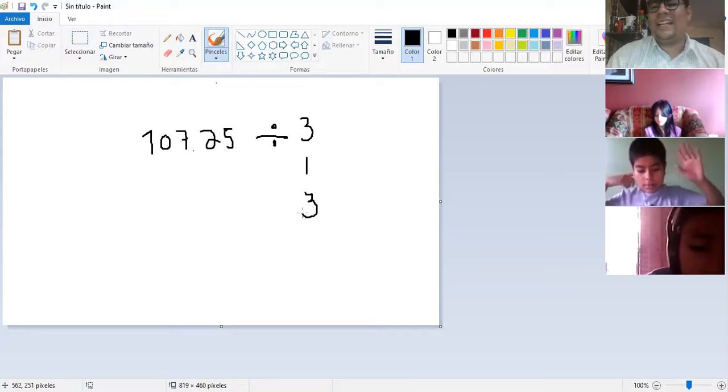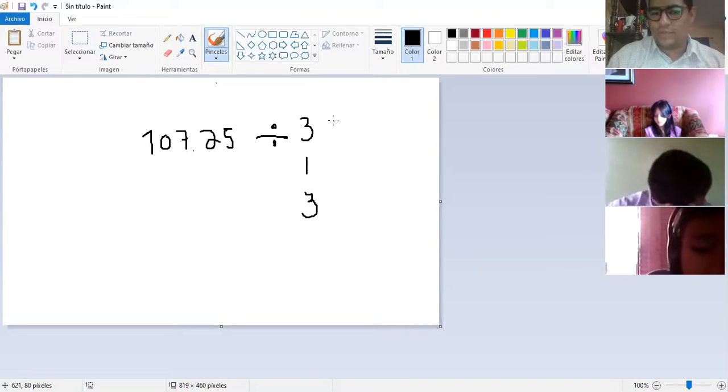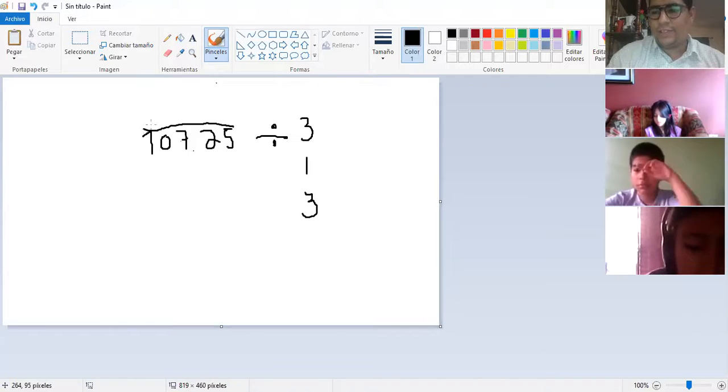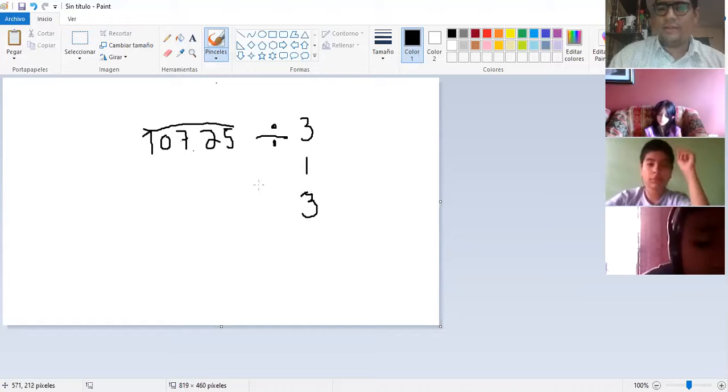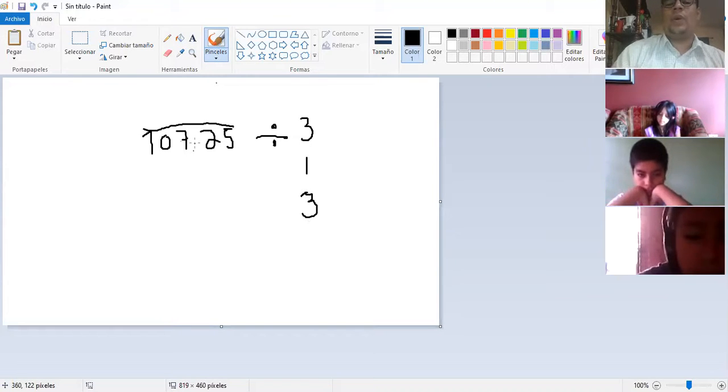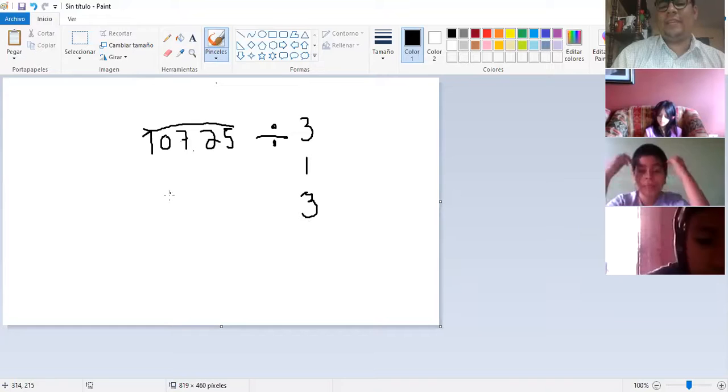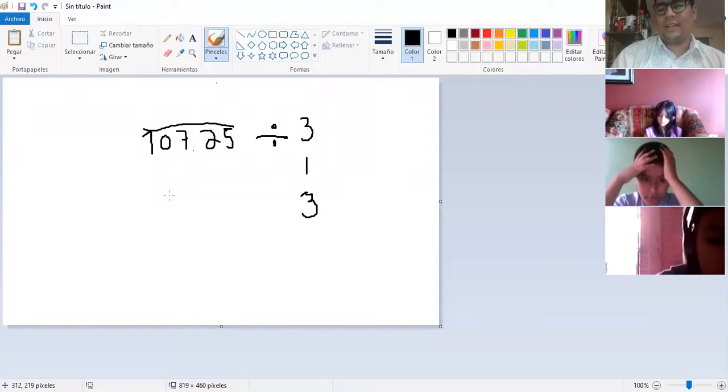So I turned this number into a number that was easy to divide. What happens if I turn this into 110? It would be difficult to divide.